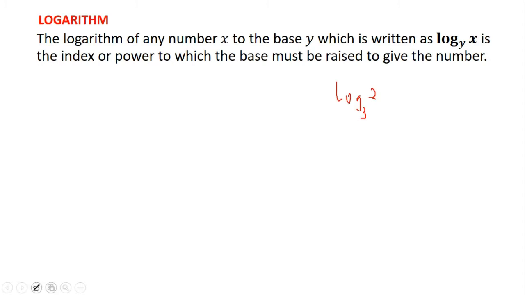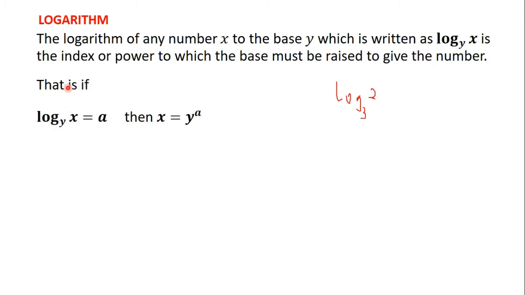This is read as log 2 base 3. So the logarithm of any number x to the base y is the index or power to which the base, in this case y, must be raised to give the number. So the index or power to which the base y must be raised to give the number x is what we call log x base y.